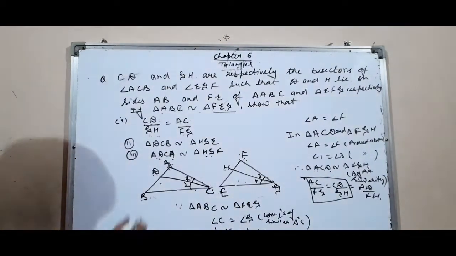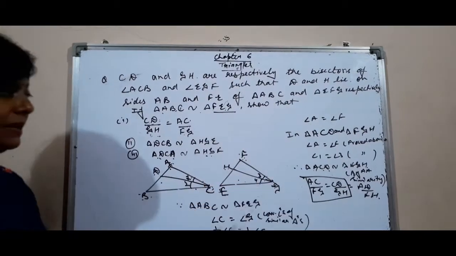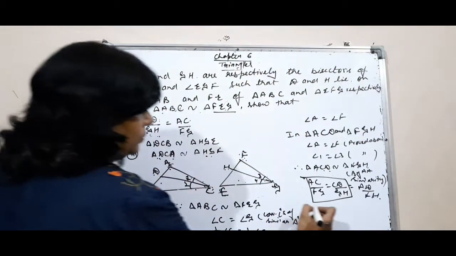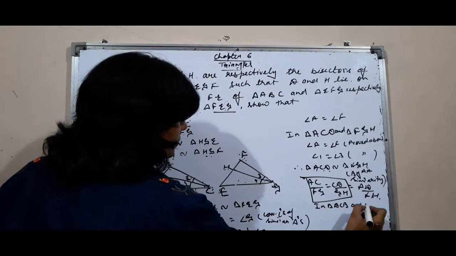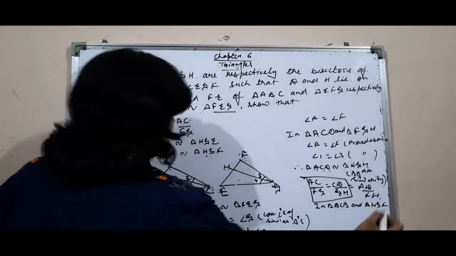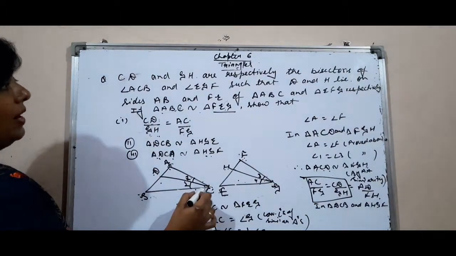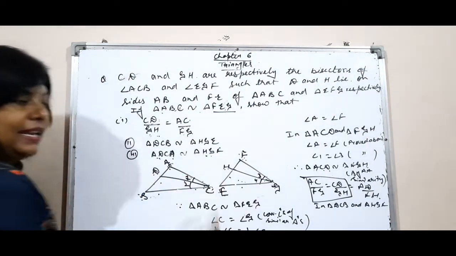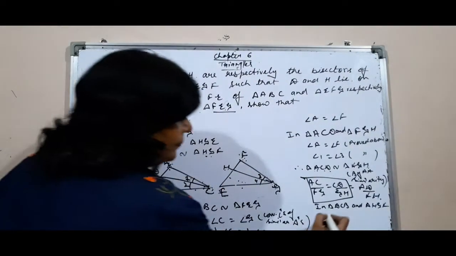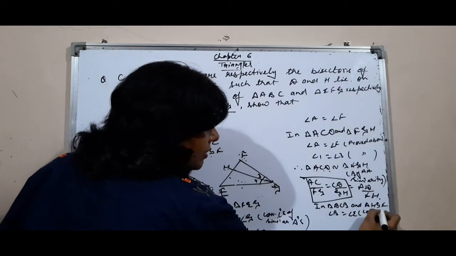How will you prove? दोनों triangles ACB और आपका triangle FEG similar है। आपके ABC और FEG ये दोनों ट्राइंगल सिमिलर है, तो इसका एंगल B और इसका एंगल E कैसे होंगे? इक्वल होंगे। Corresponding angles of similar triangles.